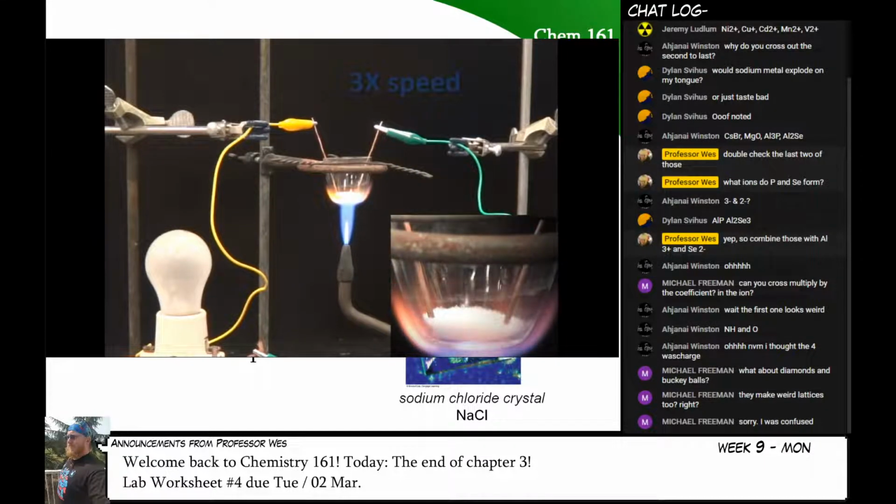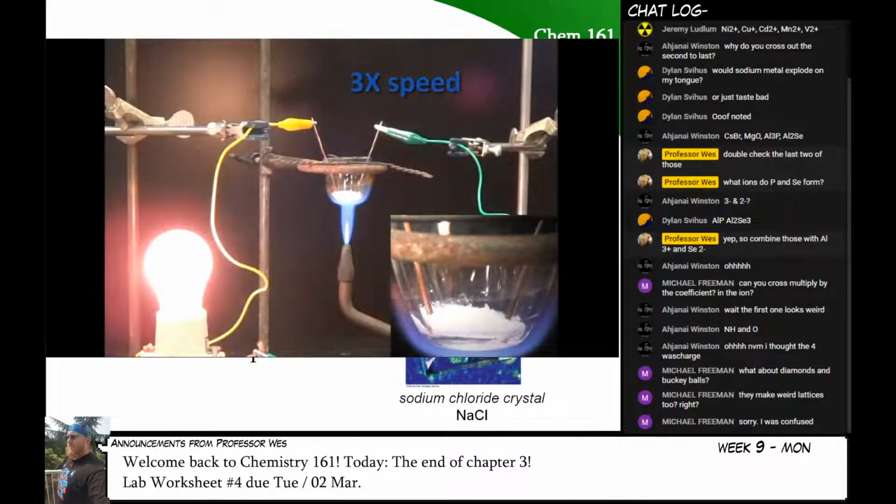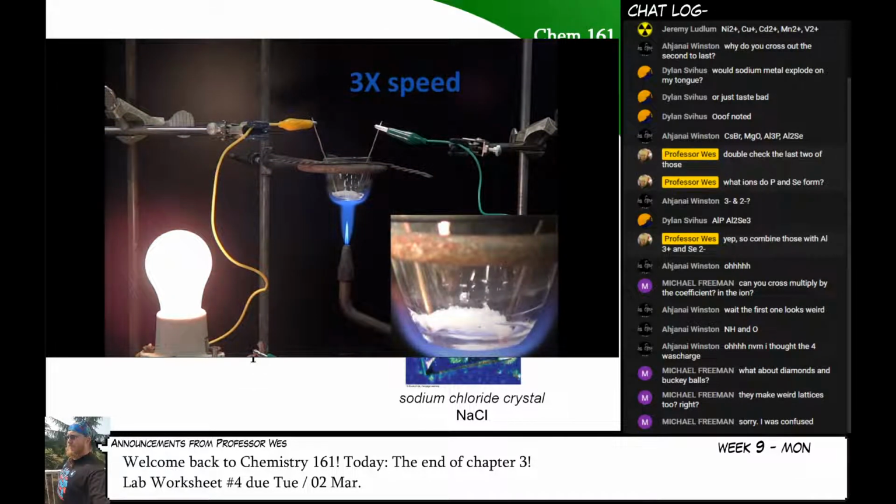And the blowtorch heats this to above 800 Fahrenheit. And what ends up happening is the salt begins to melt and it becomes a liquid. And once it reaches the liquid state, the circuit is completed because now you have mobile charges floating around and you can complete the circuit.